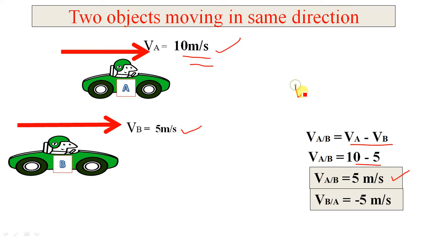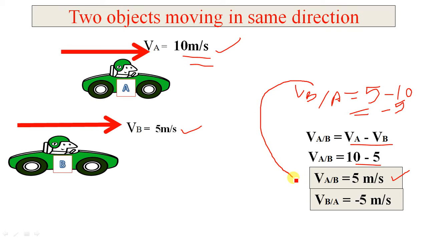When we say the relative velocity of B with respect to A, you have to write down first the velocity of B, that is 5 minus 10, which gives you the relative velocity of minus 5 meters per second.